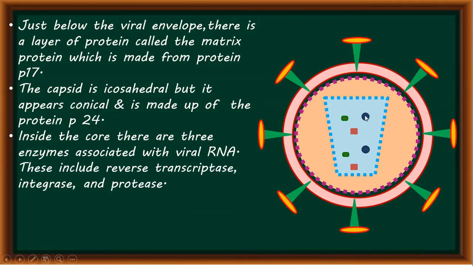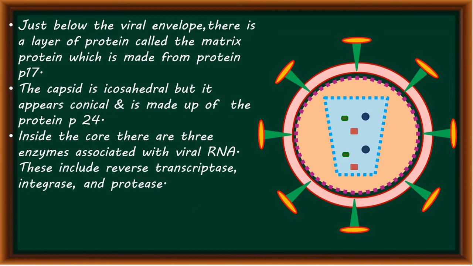The role of integrase enzyme is to insert or integrate the double-stranded DNA into host cell DNA, and the role of protease is to cut or break the larger subunits of capsid protein into smaller ones so that they associate with the viral RNA and form the new virus particles.